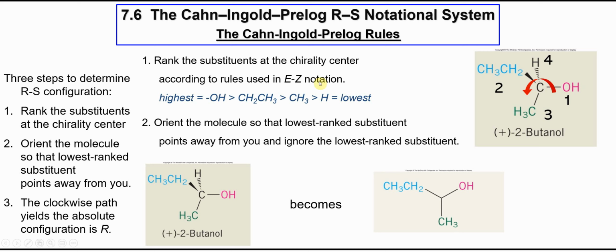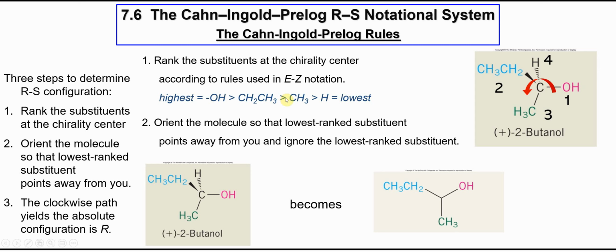That's the three steps. Regarding ranking the substituents at the chiral center, we apply the Cahn, Ingold, Prelog rule. Normally, if you have an OH group, oxygen connected to your chiral carbon, this group will have the highest priority.